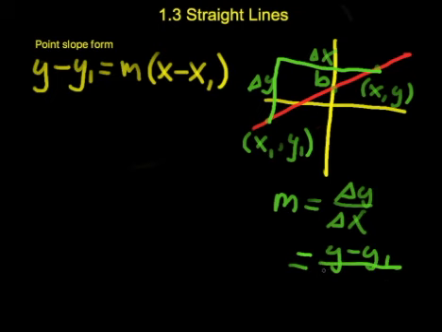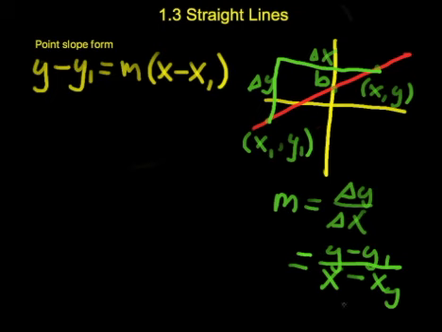So that's x minus x1. So we see we have a relationship here that the slope, m, is equal to y minus y1 over x minus x1, the change in y over the change in x.